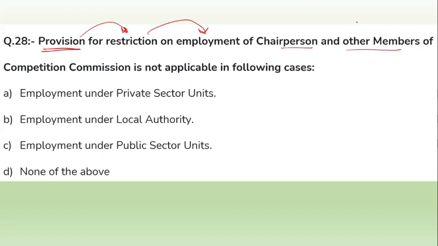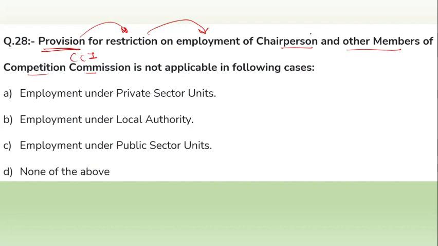You know that in the CCI, the Competition Commission, there is a chairperson. If you have gone through my previous 25 most expected questions, there was one question in that slide in those MCQs: how many members are in the CCI?